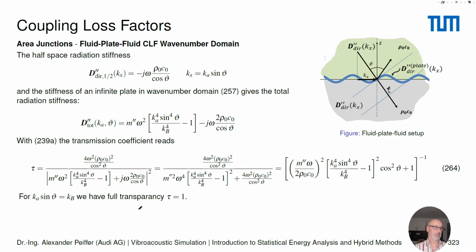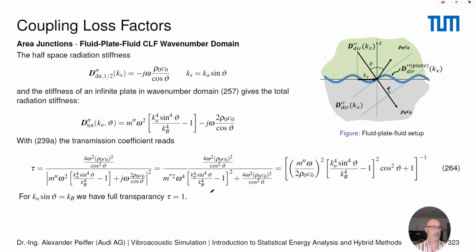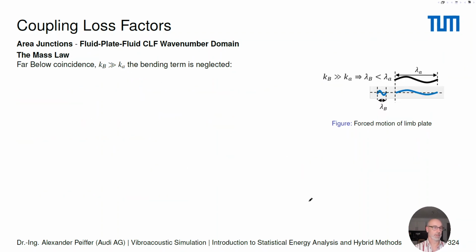Again, we have this full transparency issue when the wave number fits exactly to the bending wave number, but not the projected wave number, obviously. And again, we now have different domains that are quite important. For instance, if the bending wavelength is much higher than the acoustical wavelength, we can neglect the bending term.